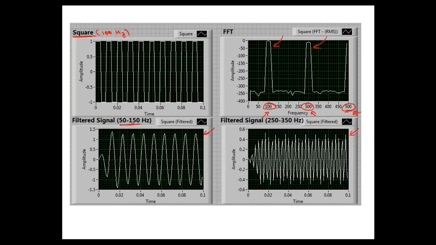So from here we can say that square waves, which are periodic waves, are constituted of a series of sinusoidal signals. So this is a practical example.